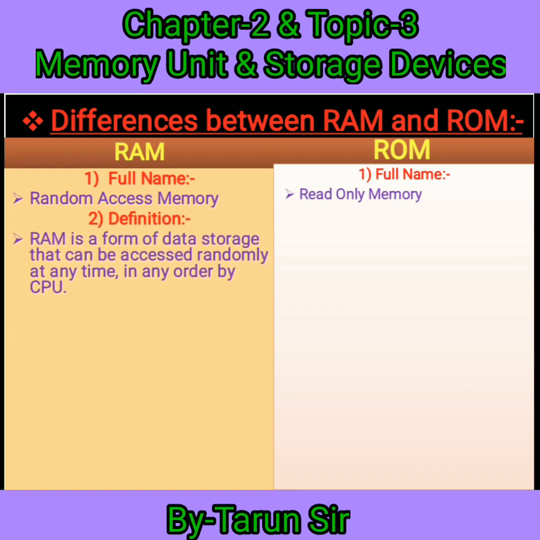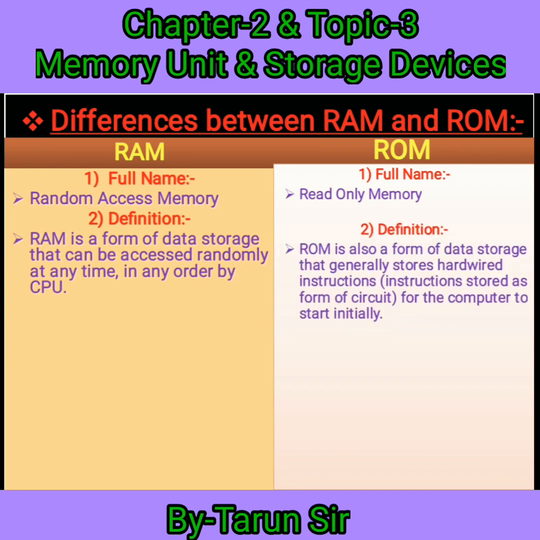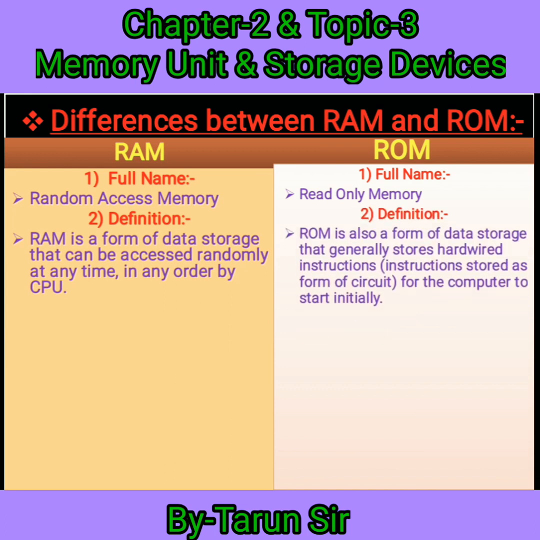RAM is a form of data storage that can be accessed randomly at any time in any order by the CPU. ROM is also a form of data storage that generally stores hardwired instructions, or instructions stored in the form of circuits, for the computer to start initially.